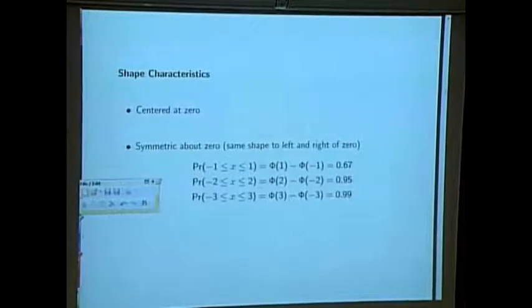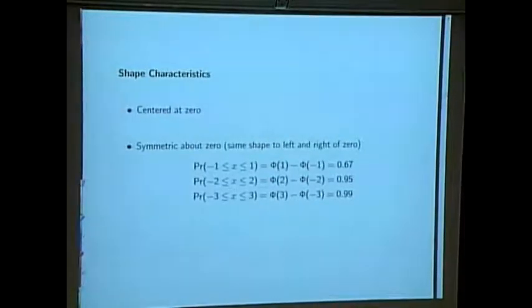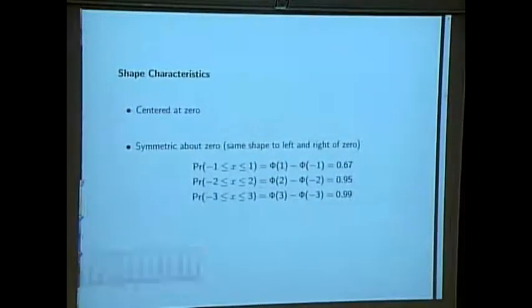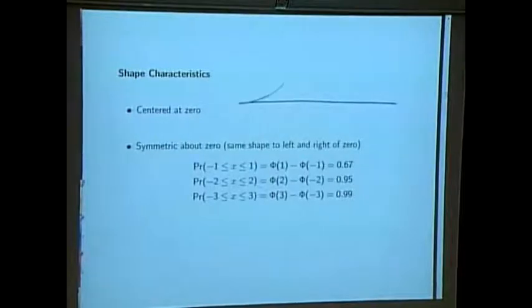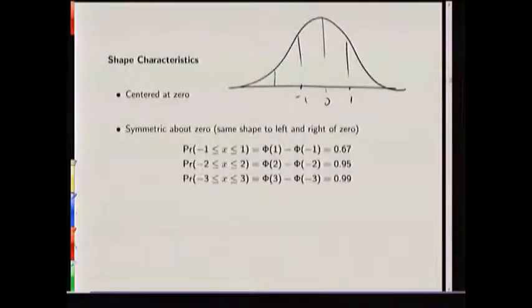So if you think of, let's see, where are my colors on this thing? Yeah, so we think of the probability curve for the normal. Again, we have minus 1 to 1, and here is 0. And then we have minus 2 to 2, and then minus 3 up to plus 3.